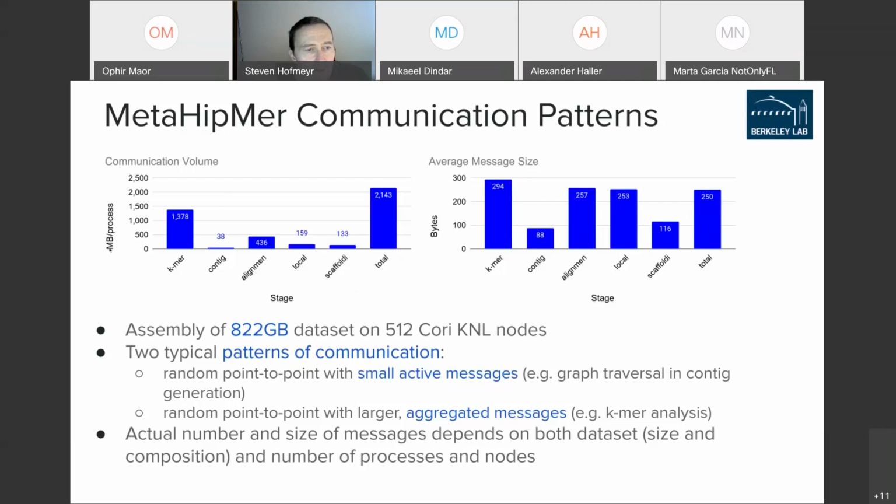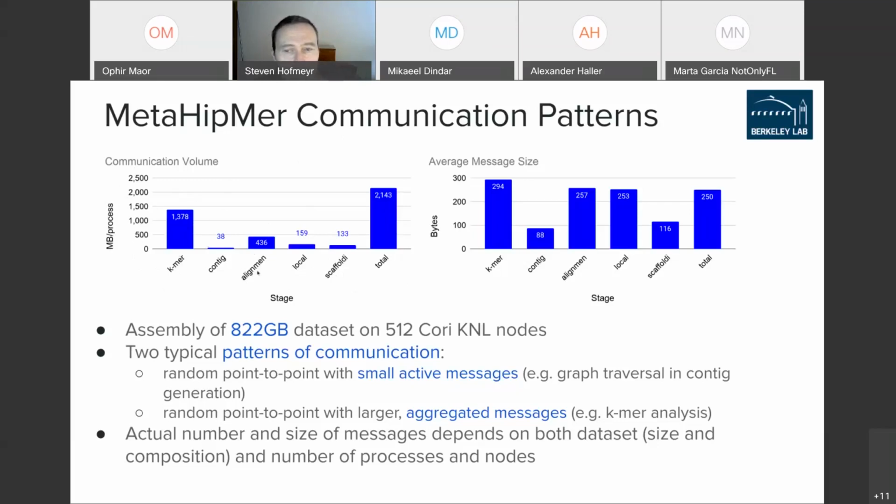The y-axis is the megabytes per process, so the higher this is, the more communication is happening. The x-axis is the communication each stage is engaged in: the k-mer analysis, contig generation, alignment, local assembly, scaffolding, and the total. You can see that the most communication volume happens in the k-mer analysis.